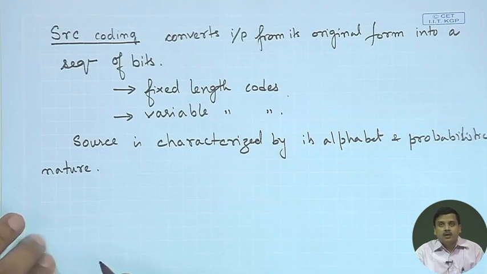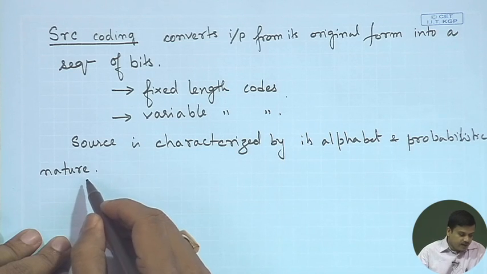For example, if I take again a very basic example, let us say we have A, B, C, D as the different source symbols, or let us say I have a source which generates 3 colors, red, blue and green. So the symbols could be R, G and B, and then we can assign certain probabilities: out of all possible things that are coming out, 30% of them are red, 30% of them are green and 40% of them are blue.